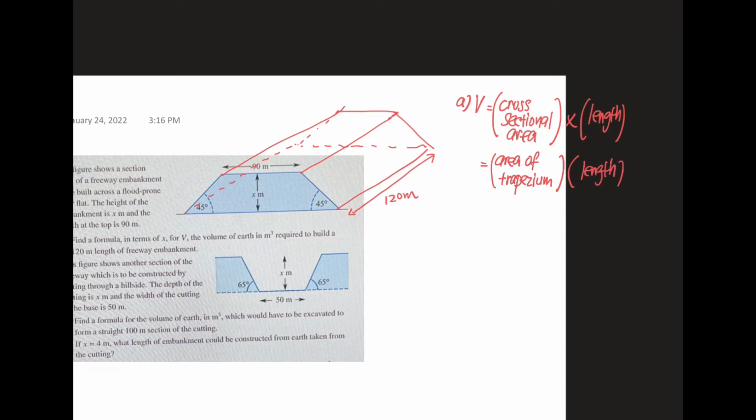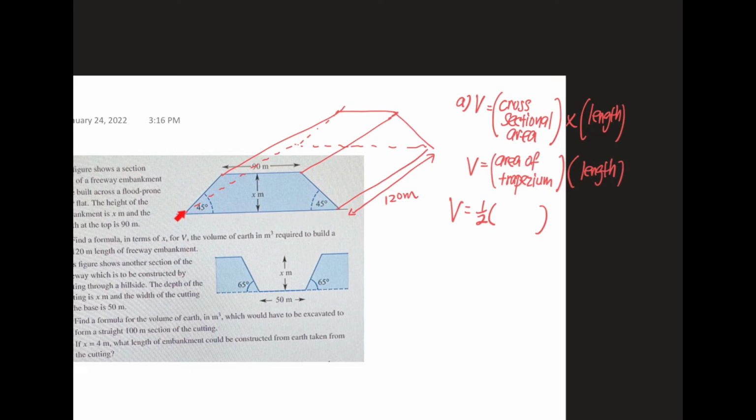Now let us work it out. So we have to know the area of trapezium. The formula is 1/2 multiplied with the sum of the parallel sides. That means you have to find out this and this one.